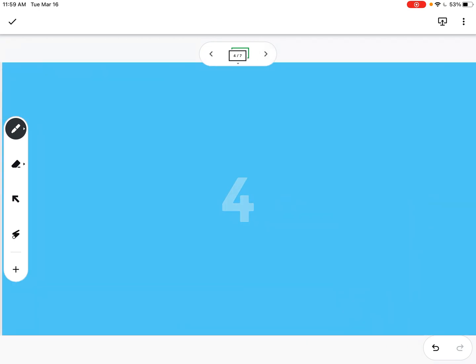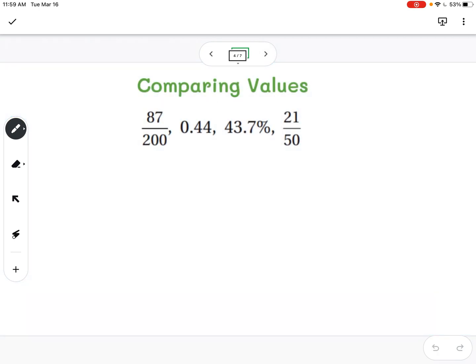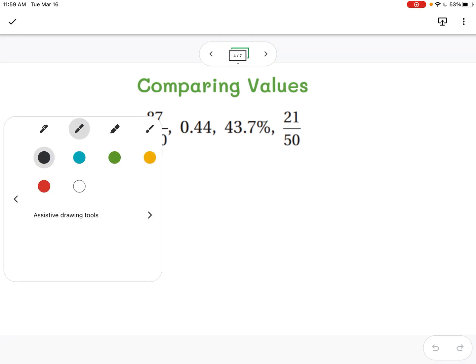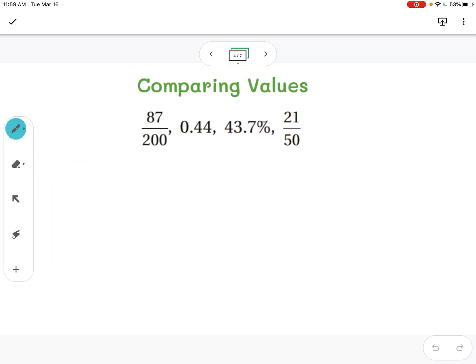All right, so now comparing values. Well, this is kind of hard to do just by looking at it, right? Because we have a whole bunch going on here. So we have fractions, we have decimals, we have percents, we have all of those.